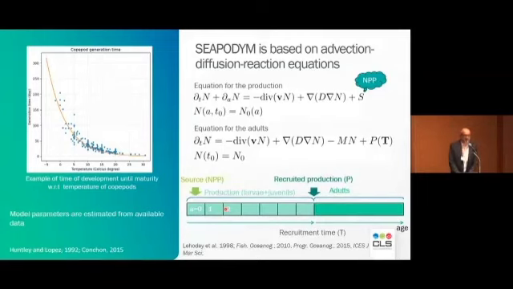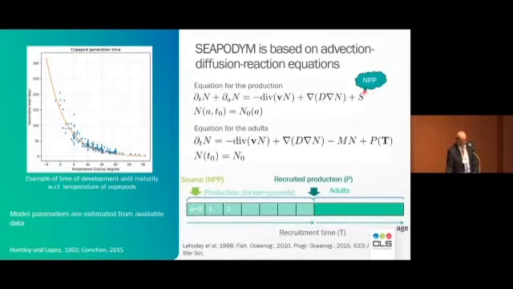The idea is to take this kind of equation, where the density of population is transported by the current, and there is also a diffusion parameter.